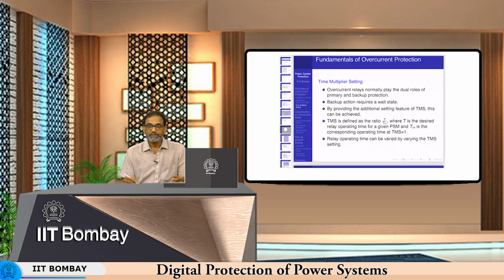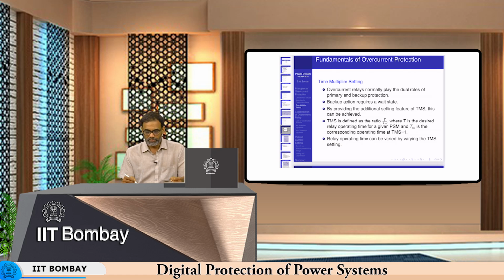The second setting is the time multiplier setting. Not all overcurrent relays will have this setting, as we will see, but most of them do have this feature of time multiplier setting, or TMS. The earlier one was a plug setting multiplier where you set the current. In the time multiplier setting, or the time dial as it is known in the American literature, you set the time setting.